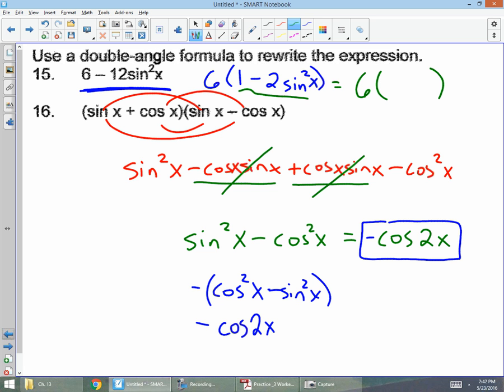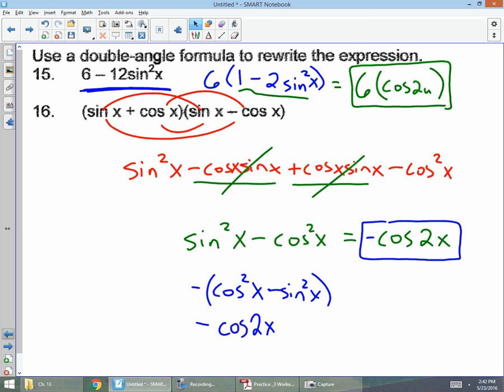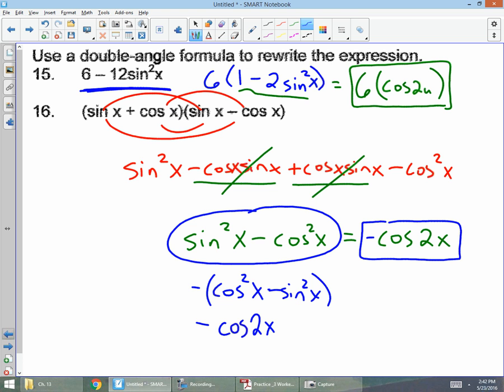You actually have the cosine of what? And you're done. And again, look at this with fresh eyes. Doesn't it make sense why this part right here needed to be a negative 2 cosine of x? Because it's completely and totally opposite of what it should be for the cosine of 2x.